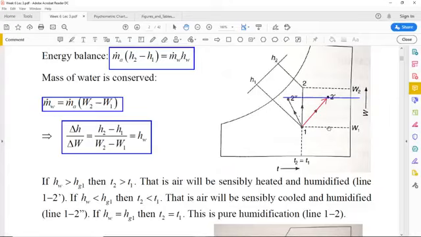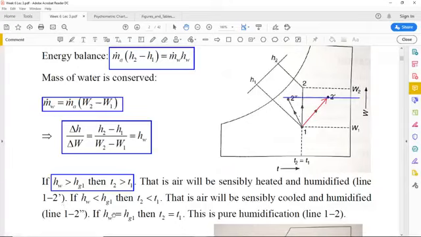So although we have just humidified the air, a secondary effect is that the dry bulb temperature has increased, and this will be possible if the enthalpy of the water that you are spraying is greater than the enthalpy of saturated vapor at state 1, that is HW is greater than Hg1. Under that condition we will obtain the process line 1 to 2 prime.